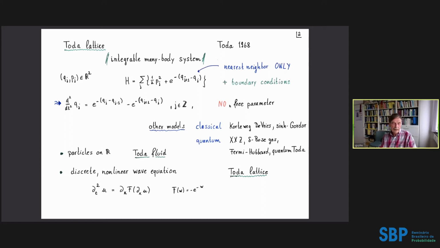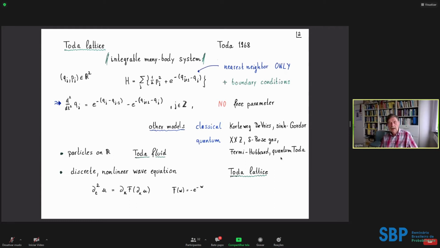Now, of course, before Toda there were already other classical systems where people discovered integrability. There were typically classical nonlinear wave equations. And then there's a huge quantum community, which has its own history: XXZ models, Lieb-Liniger, delta Bose gas, Fermi-Hubbard. There's also the quantum version of the Toda lattice.